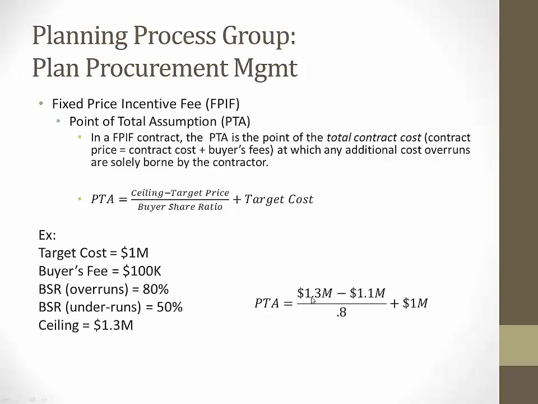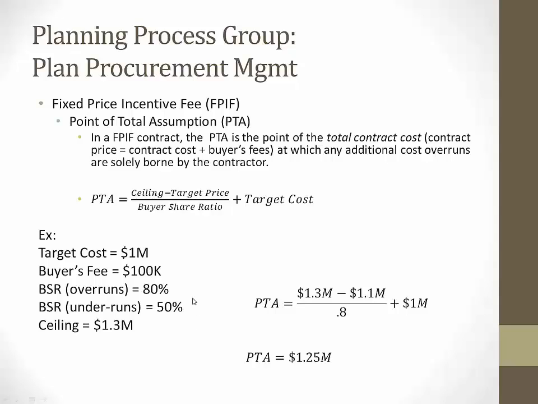So in the numerator we have $200,000, divided by the buyer share ratio of the overrun, which is 0.8, plus the target cost of $1 million. So we get the point of total assumption at $1.25 million.